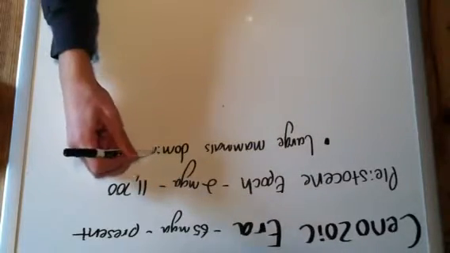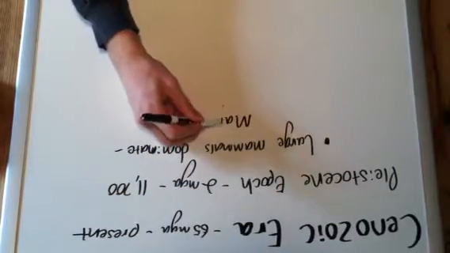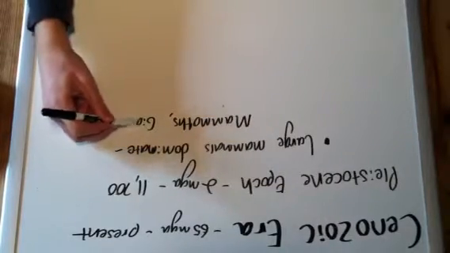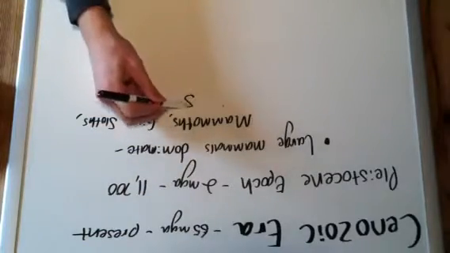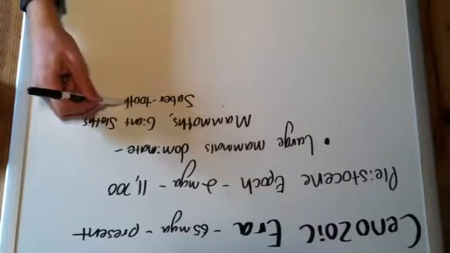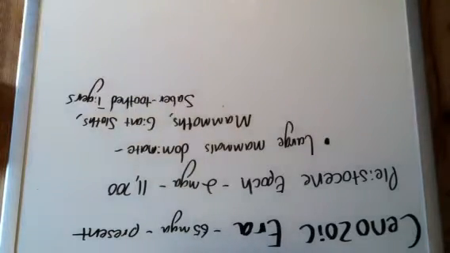This is where things like mammoths, giant sloths, saber-toothed tigers, this is where your large mammals come into play. And this is where they dominate. That's why the Cenozoic era is commonly called the Age of the Mammals. We took over from those reptiles.